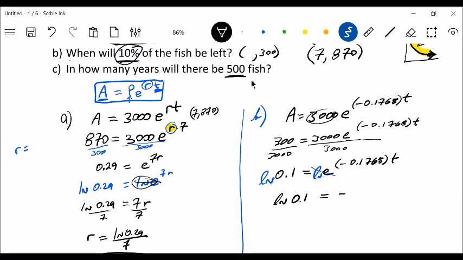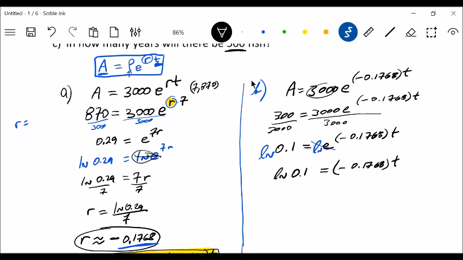0.1 is equal to negative 0.1768 t. Divide by that whole thing, and we get that t is equal to natural log of 0.1 over negative 0.1768. And when you put in that calculator, it comes to approximately 13.